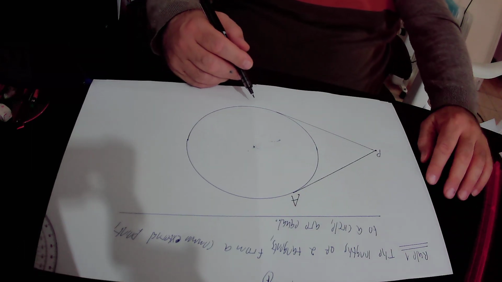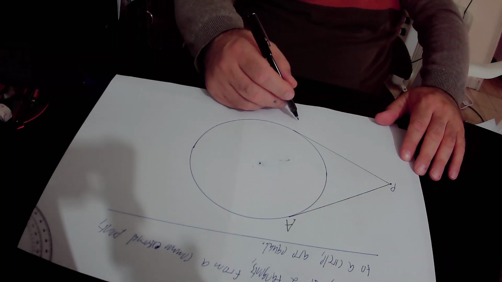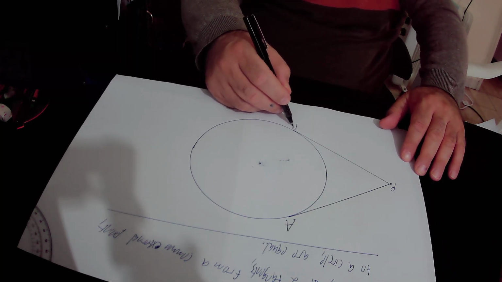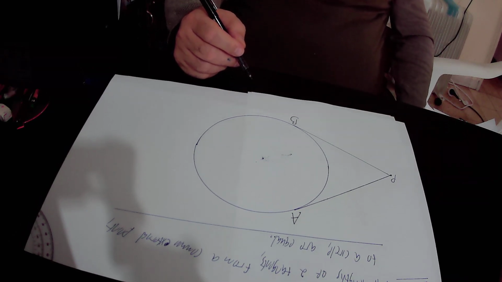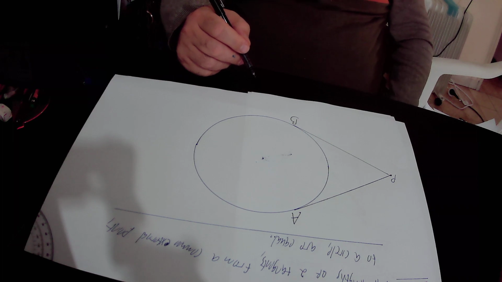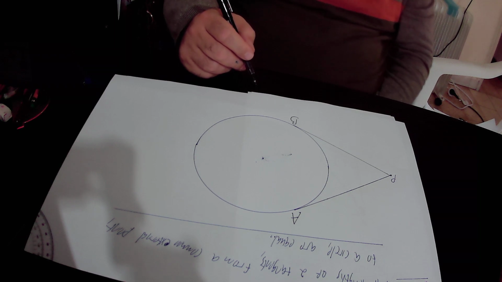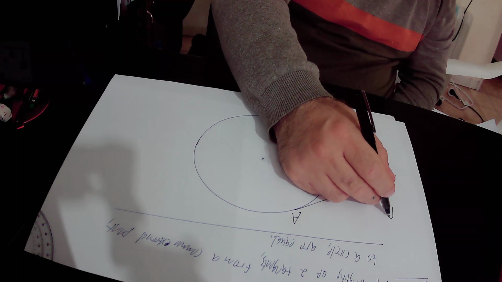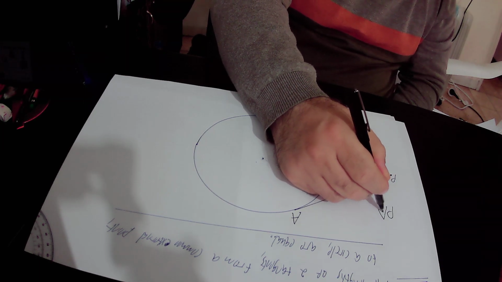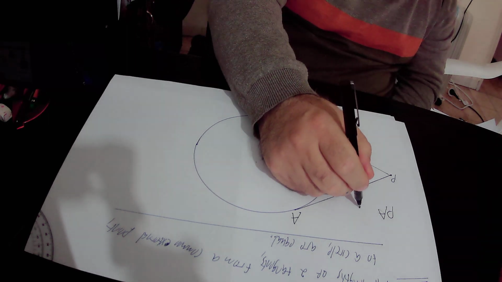And we define the point of tangency of the second tangent with this circle as point B. And according to rule number 1, the lengths of the two tangents, that is to say the length of the first tangent is PA, and the length of the second tangent is PB.